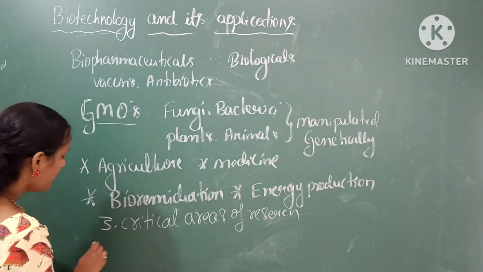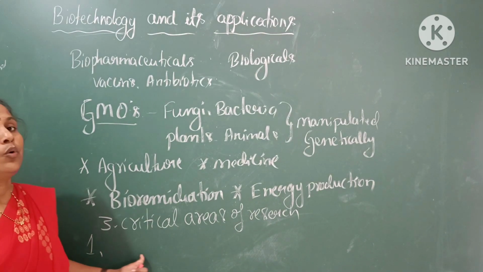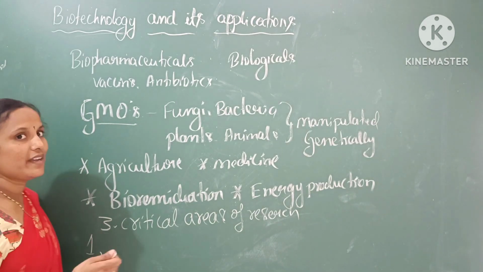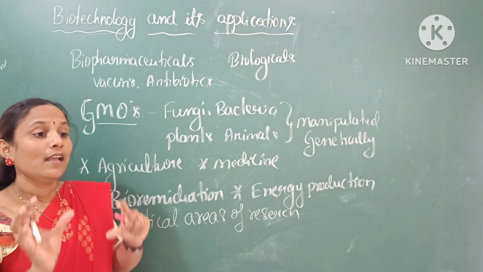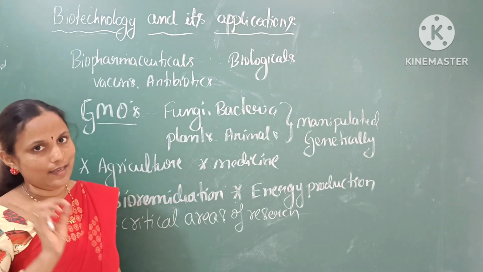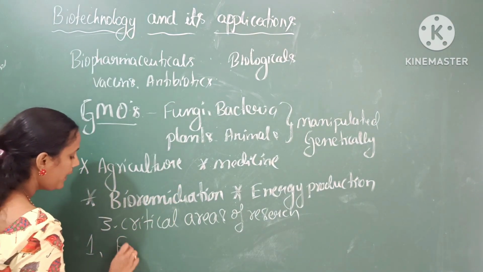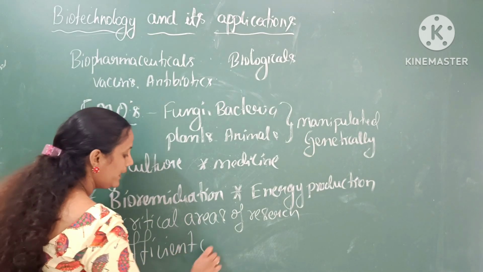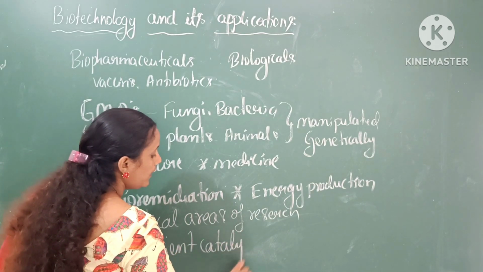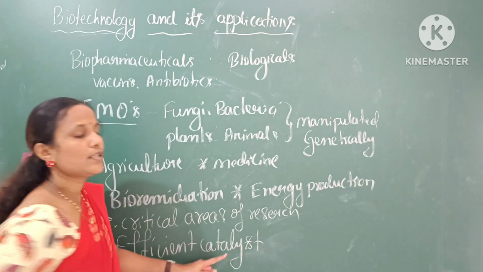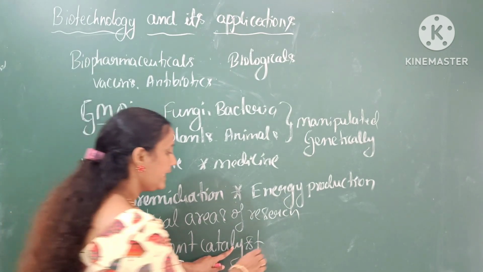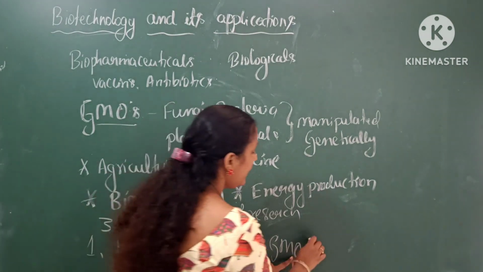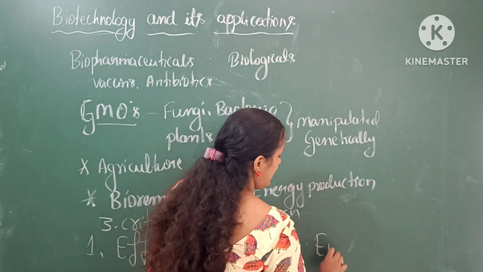And they are, the first one, to produce a genetically modified organism, and we call it a catalyst. Production of an efficient catalyst, and this catalyst would be a genetically modified organism or it could be an enzyme.